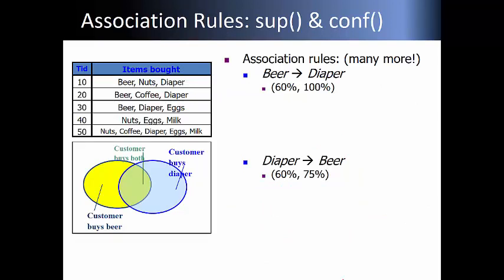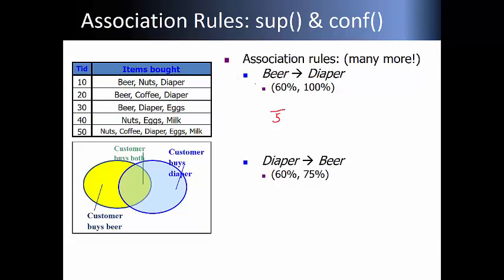So you can simply say here, if beer, then diaper. What is the support? You have to count. We have 5 records, so the size of the entire database is 5.